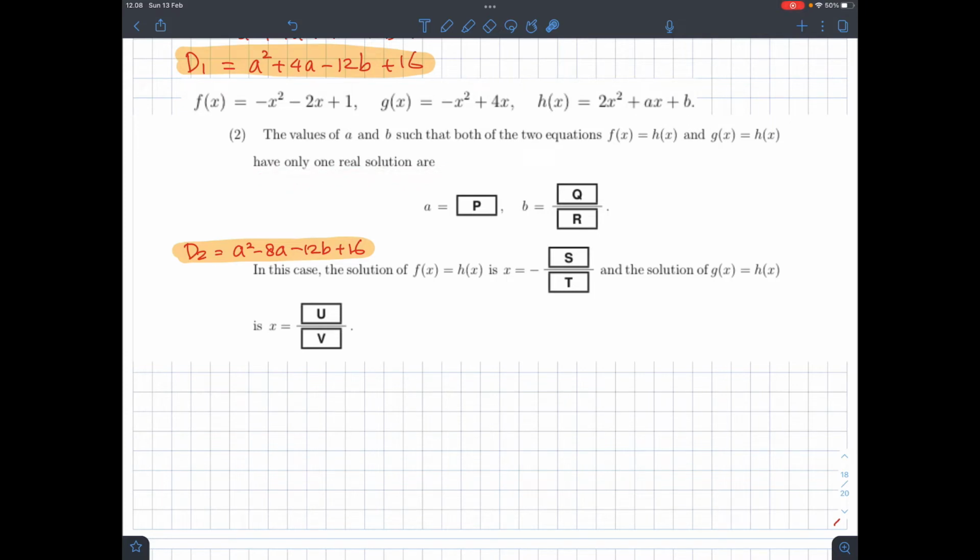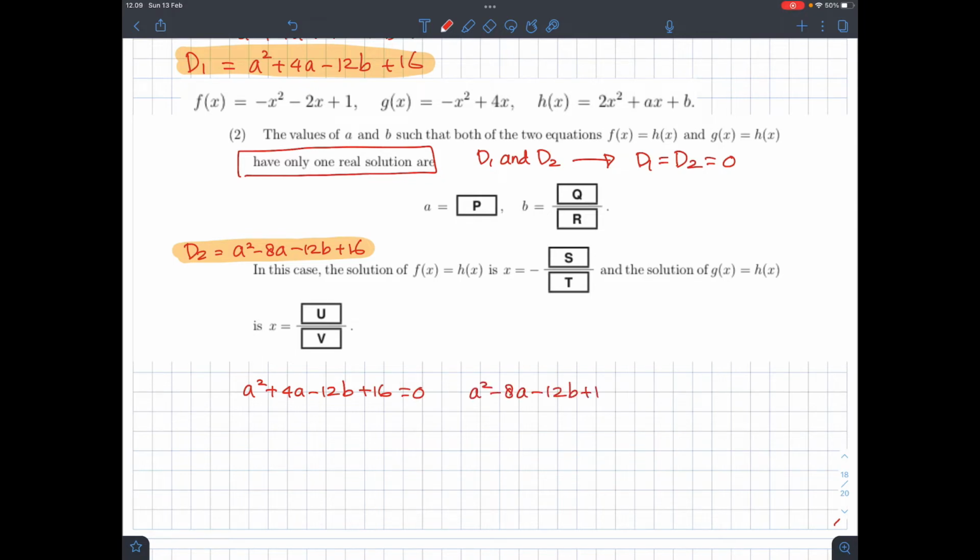Okay, they will have only one real solution only if d1 and d2 both of them equal 0. So from the first part, a squared plus 4a minus 12b plus 16 equals 0, and a squared minus 8a minus 12b plus 16 also equals 0. This is for d1 and this is for d2.